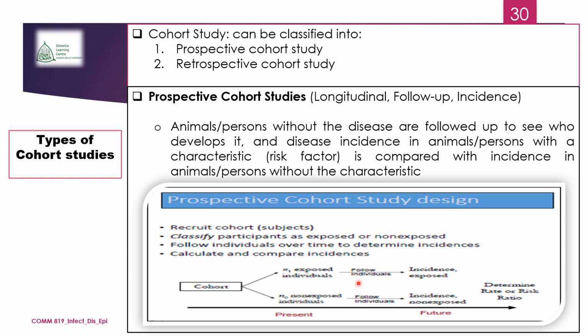Then you follow up the individuals to see who developed the disease. Then you determine the risk, the relative risk or risk ratio, just like we calculated in the previous slide. So this is for prospective study.